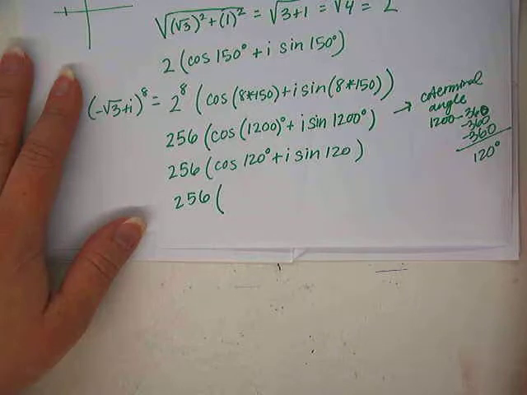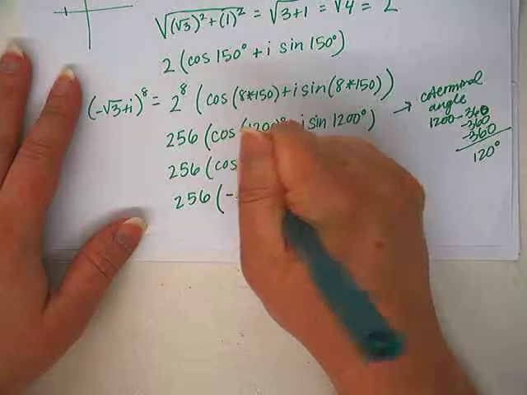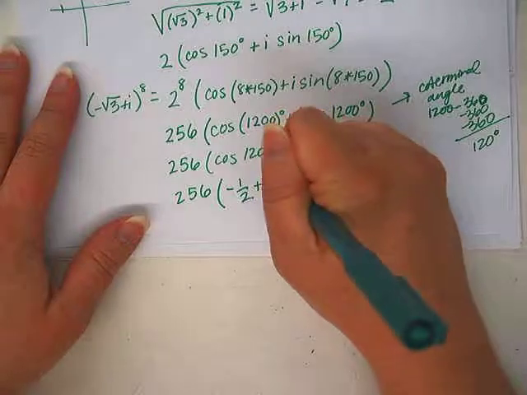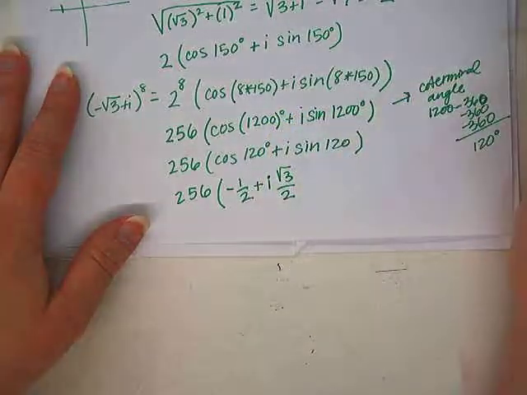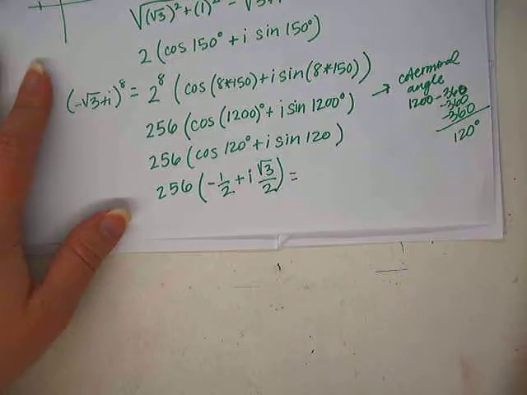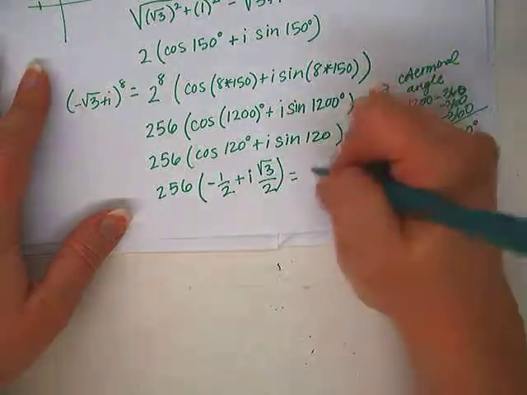Well, the cosine of 120 is a 60-degree reference angle in the second quadrant. So what is that answer? Cosine of 60 is 1/2, but what about second quadrant? Negative 1/2. Then sine of 60 degrees in the second quadrant is what? And is it positive?